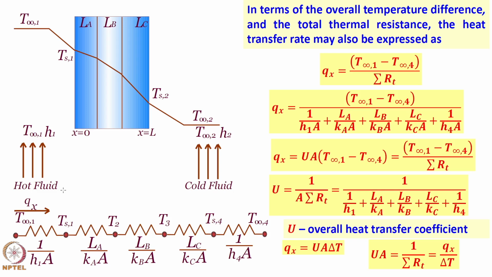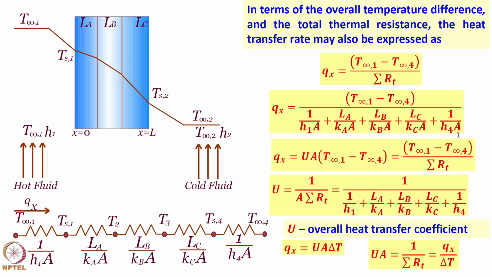If you see here, this is Q is the delta T, T infinity 1 minus T infinity 4 they have called, it is actually T infinity 2, there is a typo here, divided by all these thermal resistances, H 2 T infinity 2. So, this should be H 2 and A, we will get that changed.